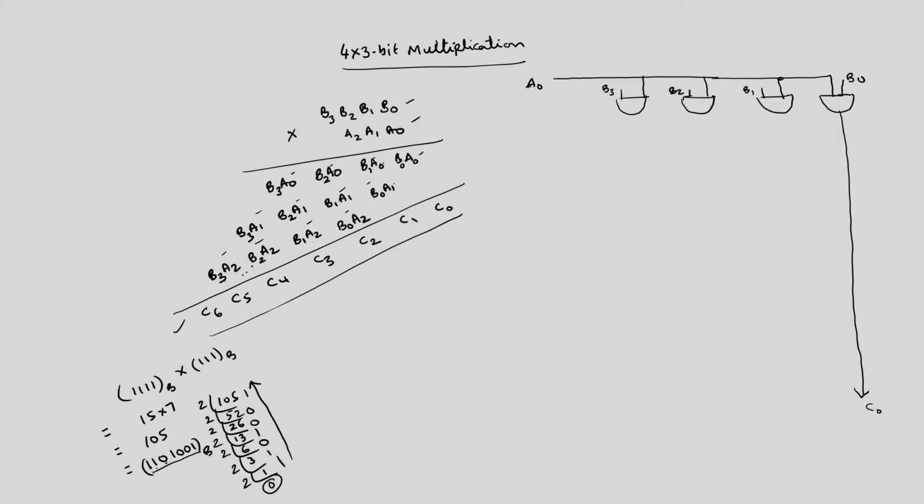Now, to get C1, you have to add B1 A0 with B0 A1. Okay. So, you have to give this as input for another A1 line. Here also we have 4 AND gates. So this bit is B3, B2, B1, B0.